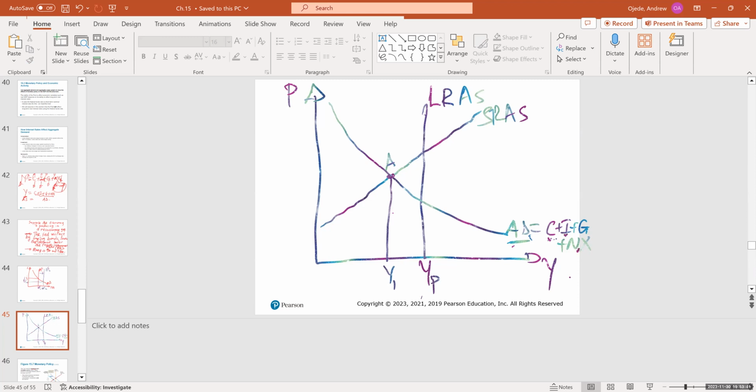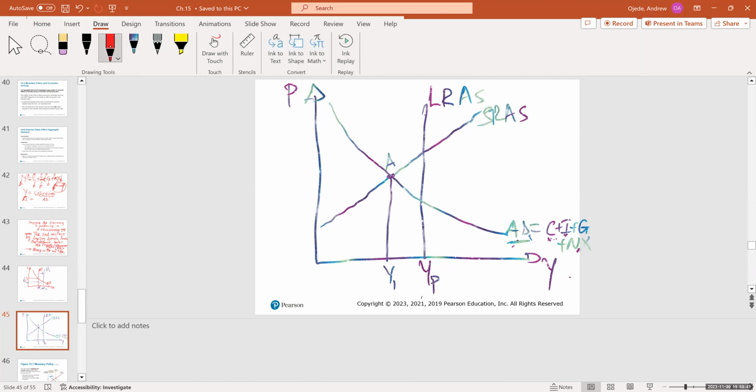So the aggregate demand curve is going to shift to the right, and the Fed will make sure it shifts by just enough to close the recessionary gap. This is your AD2, a function of new consumer spending, new investment spending, new government spending, and new net exports.